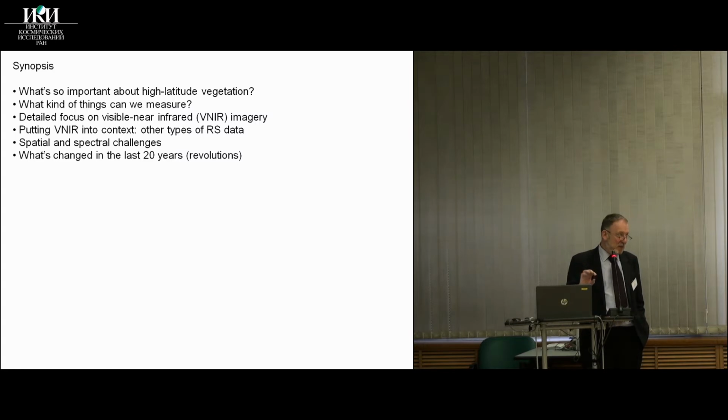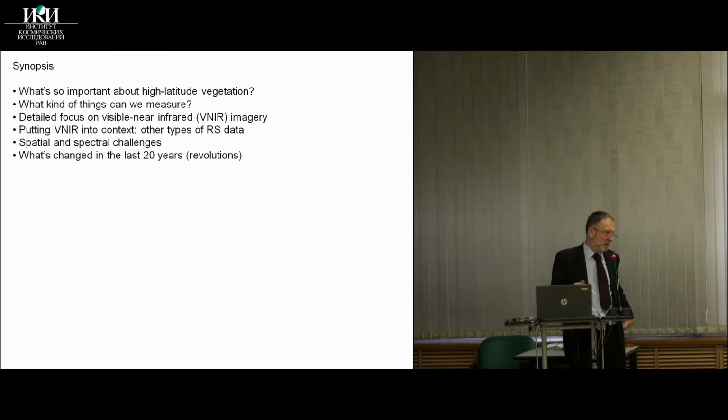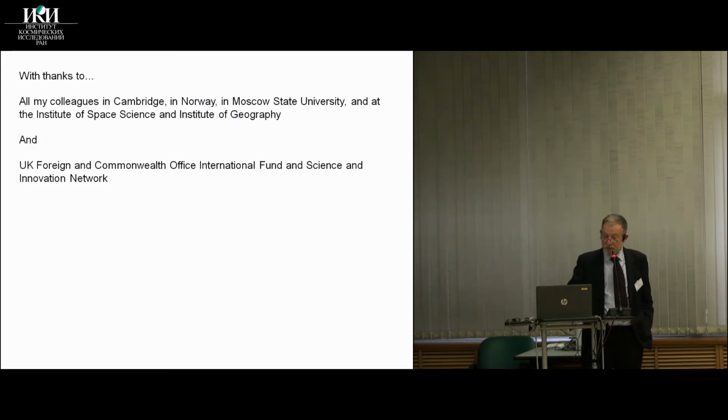If I still have time, I will focus on a couple of the particular challenges that I think we face in using remote sensing data to look at northern vegetation, and then I will try to give an overview of what I think has changed in the last approximately 20 years, what we can do better now than we could do before.